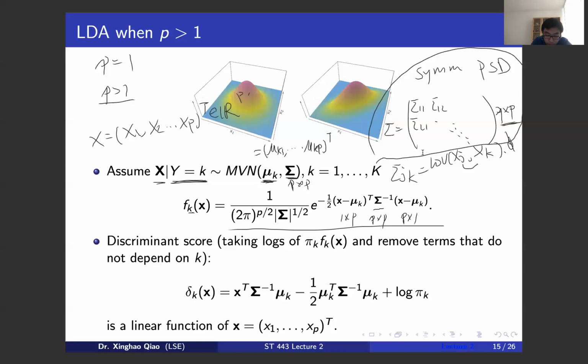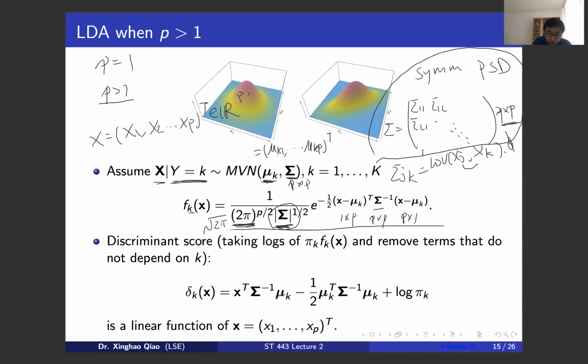And here, sigma is actually the p by p matrix, and we take the determinant and take the square root of that. Finally, we need to multiply by the constant. Remember, when p is 1, this part will be root 2 pi, the same as the density function for the normal distribution.